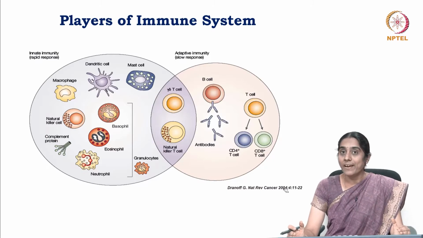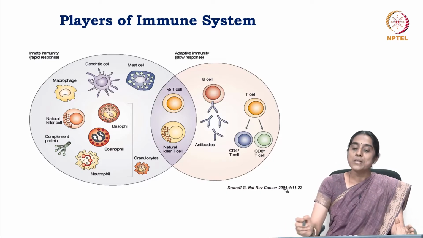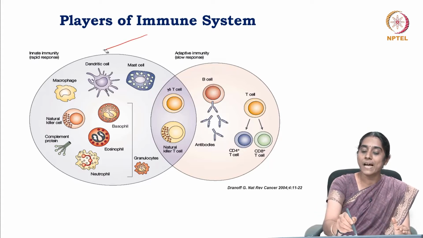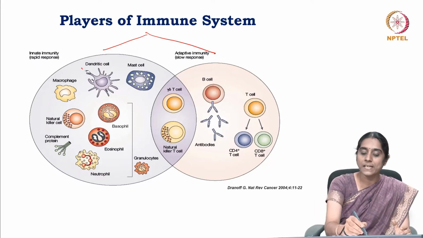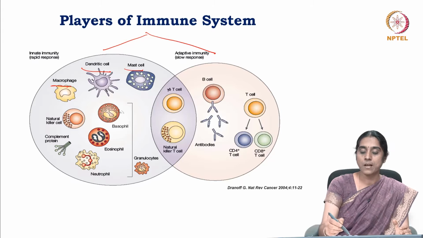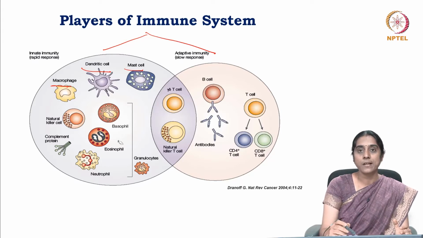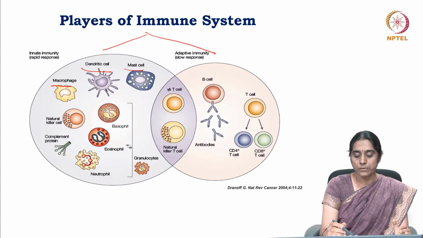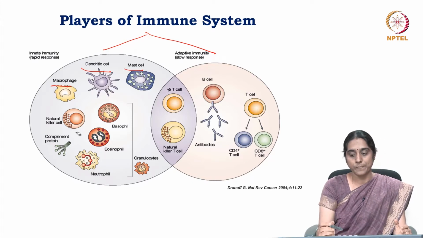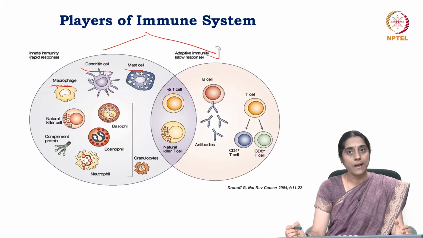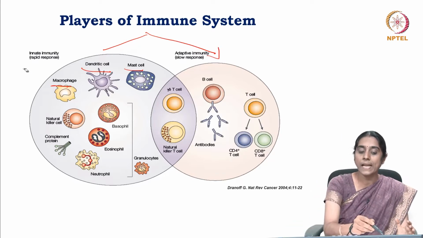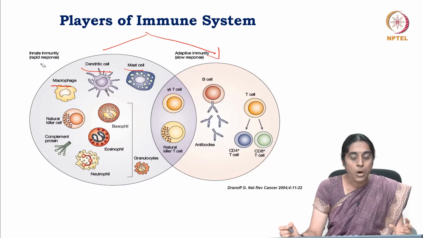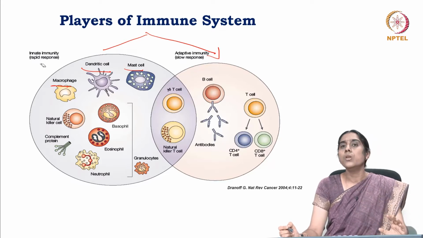Let us recap some basics of the immune system. The immune system can be classified as innate immunity, which comes from birth and is mainly mediated by cells of the immune system such as macrophages and neutrophils, which belong to the category of granulocytes, and NK cells, etc. Then you have the other component, adaptive immunity, which is a slow process but very specific, whereas the innate immune response is rapid but not specific.